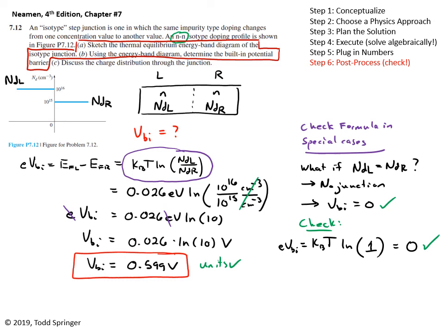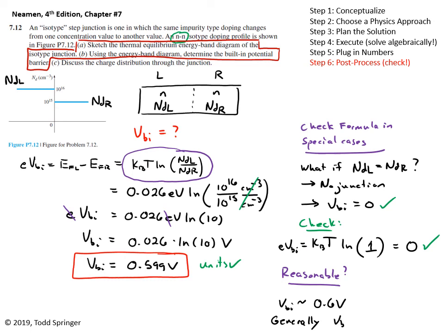Finally, you can check, is the value reasonable? That's a little harder to get intuition for. In this case, my VBI is approximately equal to 0.6 volts. And generally, you would have to develop this intuition by doing more problems having to do with built-in potentials.